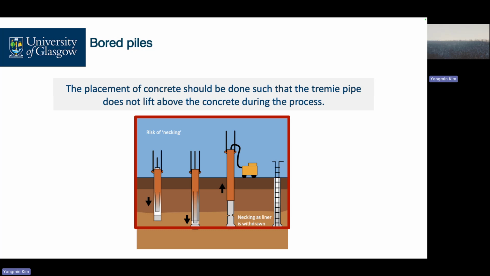That's why, your role, your consultant firm, your main contractors, you go down to the site, check this process, and then check your concrete volume. At the end, you do the integrity test.